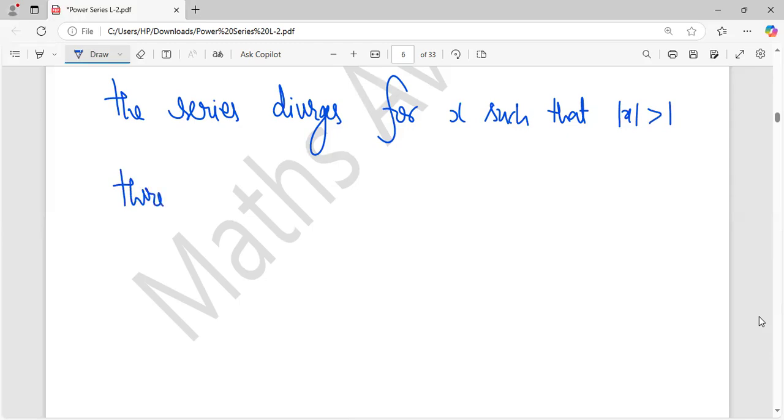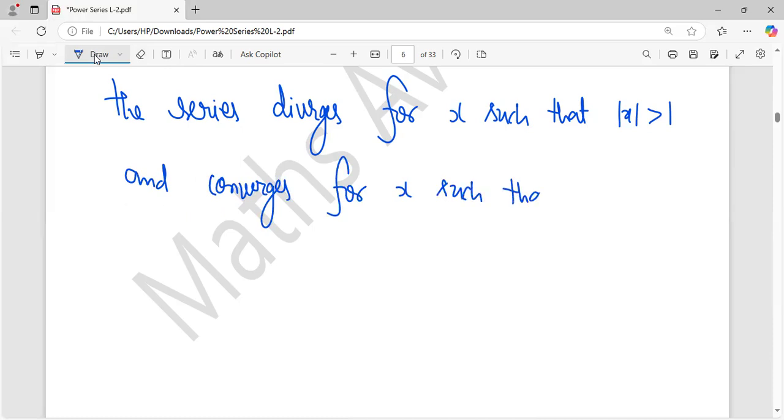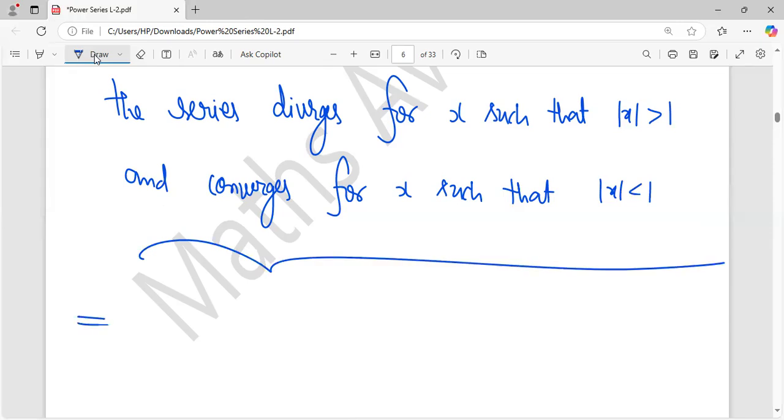Therefore, the series converges for x such that |x| is less than 1. So what does it mean? This implies r is equal to 1.